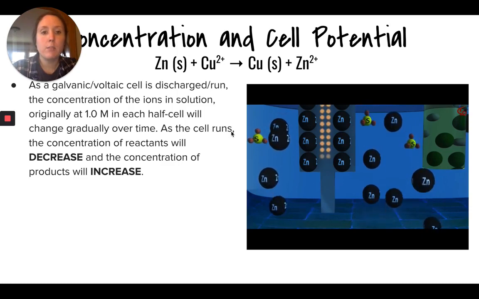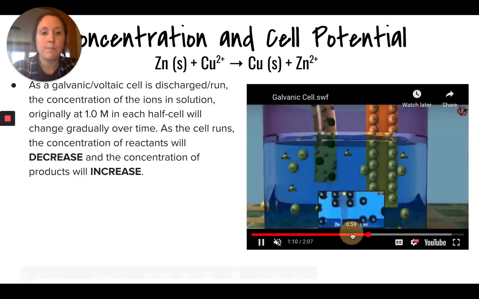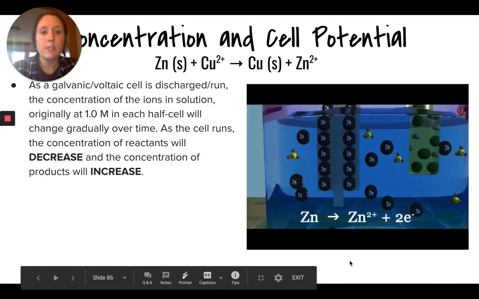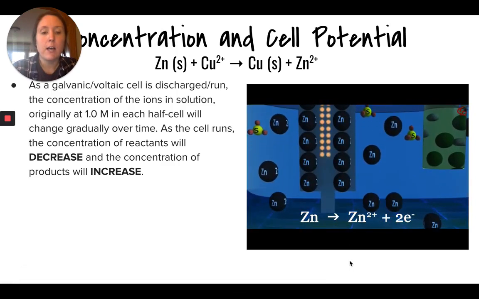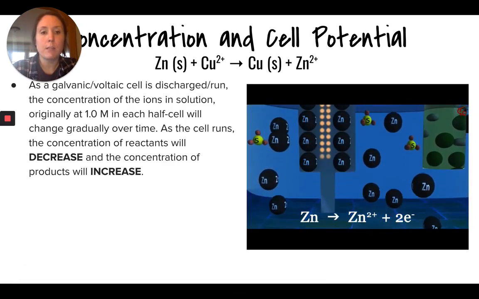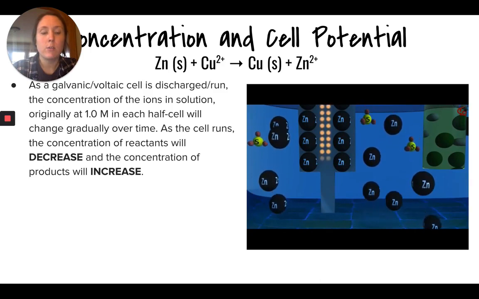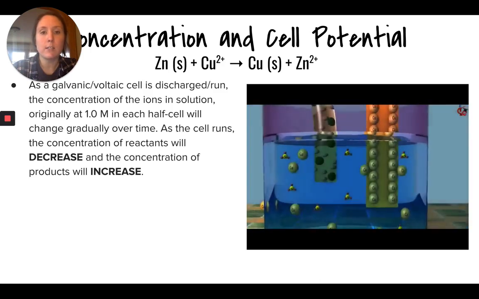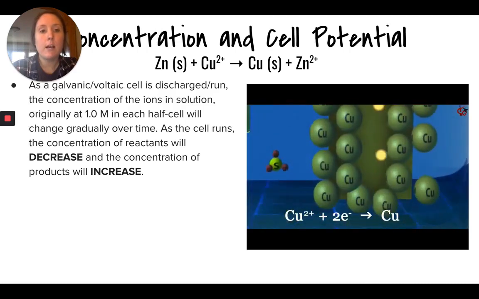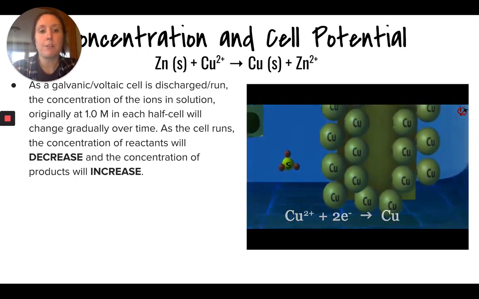The reactants will decrease over time. So as you can see, the zinc reactant is reacting away, forming the zinc ions. So my concentration of my reactants is going down, and the concentration of my products is increasing.